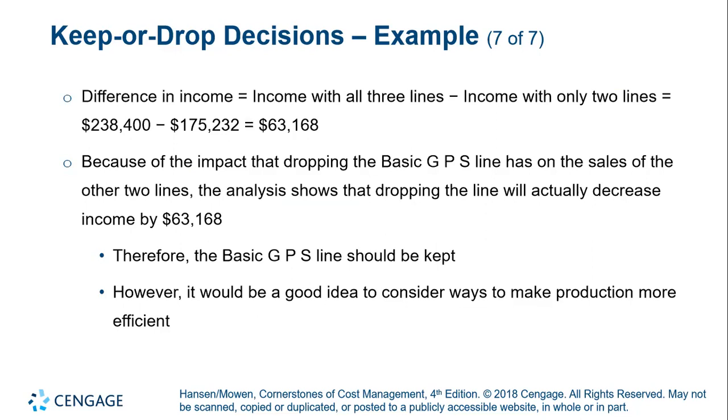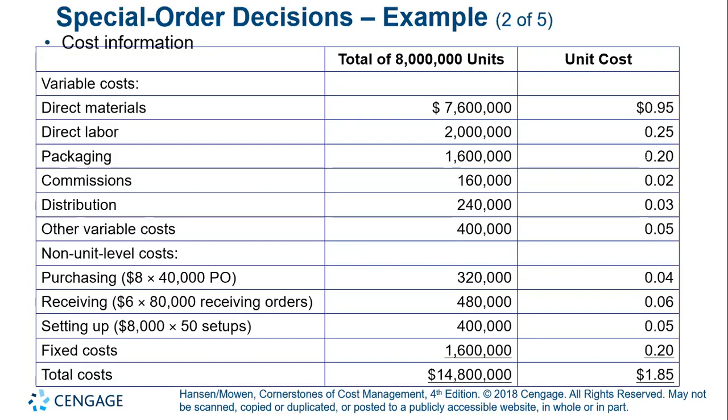Now, it's shown that if you are going to reject the special order, or you have to accept, we have the variable cost of direct materials, direct labor, and we have packaging, commissions, and distribution. We have other variable costs.